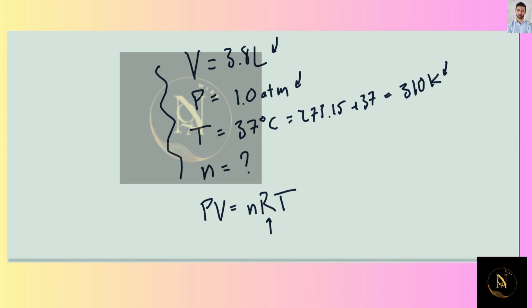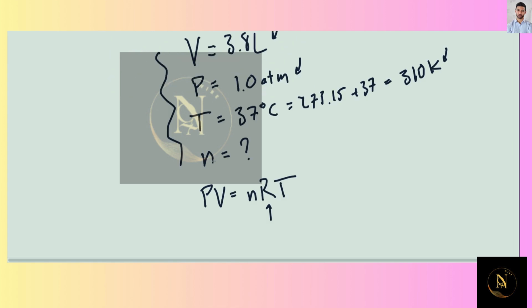And on Wikipedia, they say that R is equal to 0.08206 liters times atmospheres divided by Kelvin divided by mole. And that's exactly the units we were looking for.